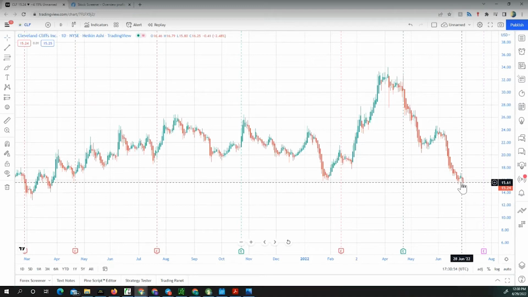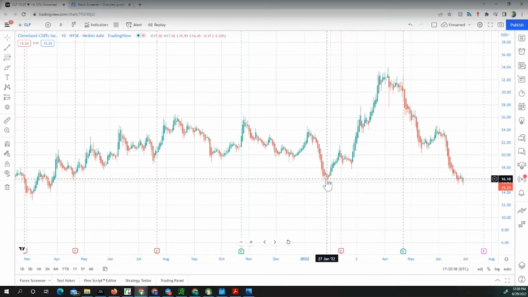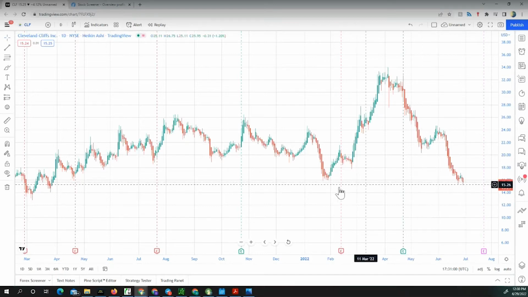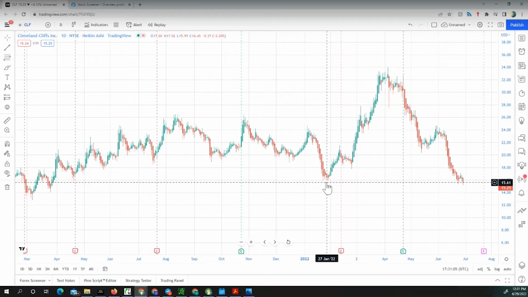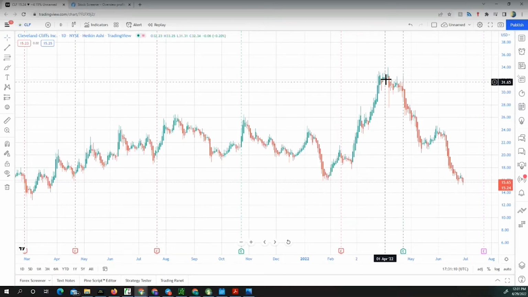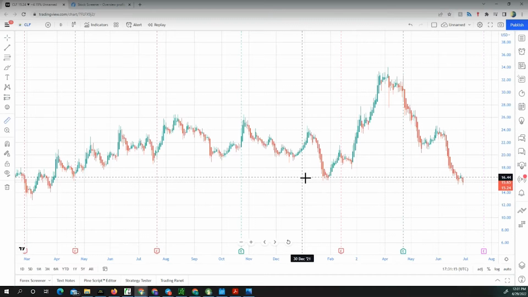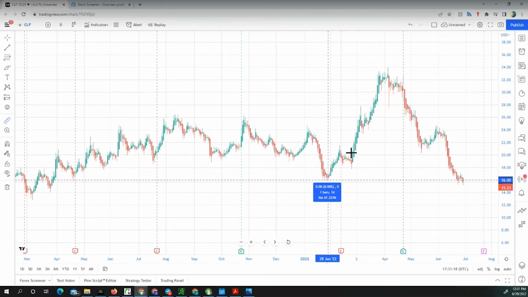Now, based on historical information, we see that at almost the same point back in February, this stock was at that same price. And what happened when it got to that same price? It went up, and using a measuring tool here, we can measure what percentage it made.